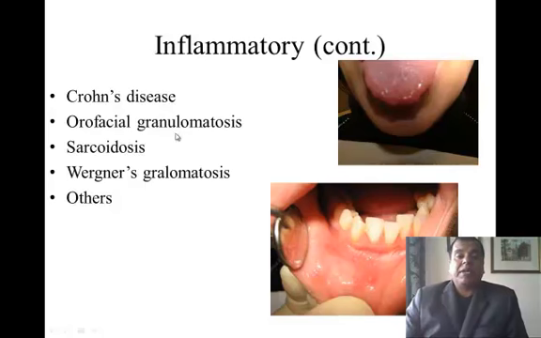Crohn's disease, orofacial granulomatosis, sarcoidosis and Wegener's granulomatosis can all produce granulomatous lesions in the mouth, which, unlike tuberculosis, do not cause caseating granulomas, and further tests and or good history is required to make the diagnosis.